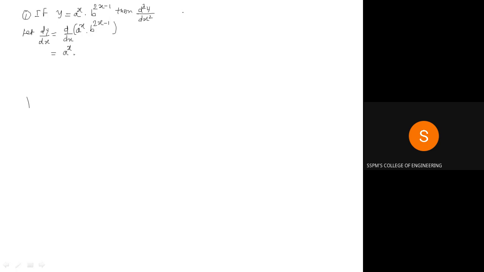You already know the result of differentiation for d by dx of a raised to x. And what is the derivative? A raised to x into log of a into derivative of x, that is 1. So it's the derivative of a raised to x, and the same result we have to apply here. By this result, what is there? b raised to 2x minus 1 into log of b.